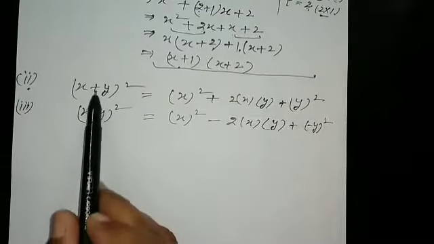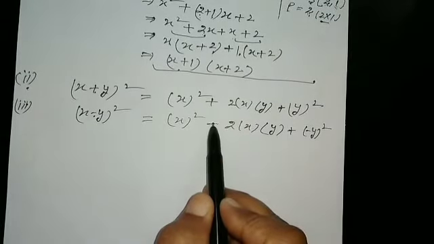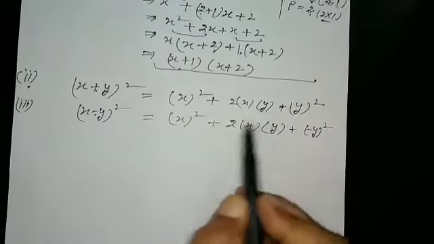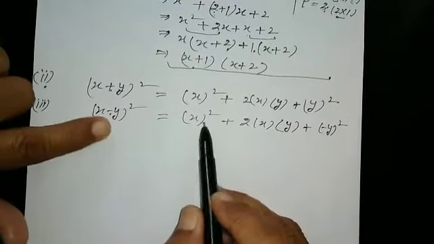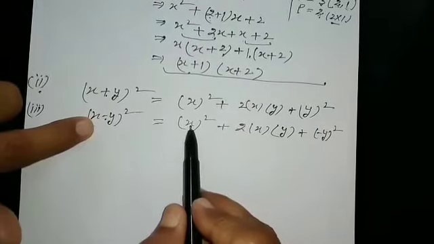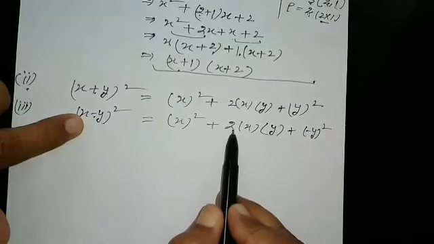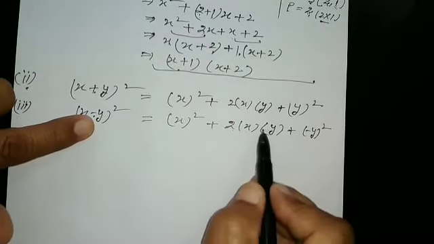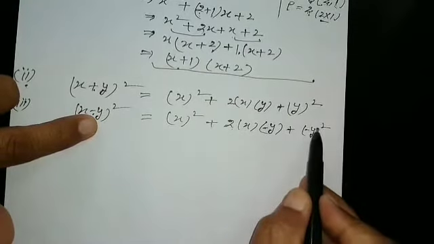This is plus and this is minus, so okay, if you write here plus, then the first one is x, the second one is y, and you can remember it as square of first plus 2 into first multiply second plus square of second, right?